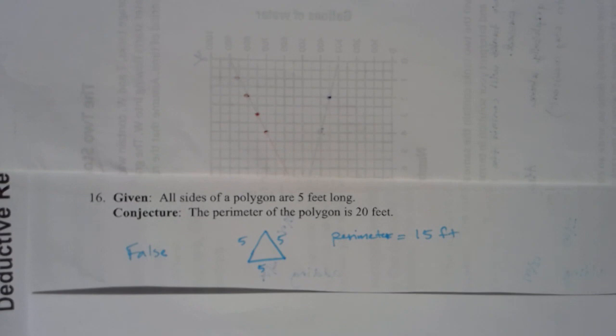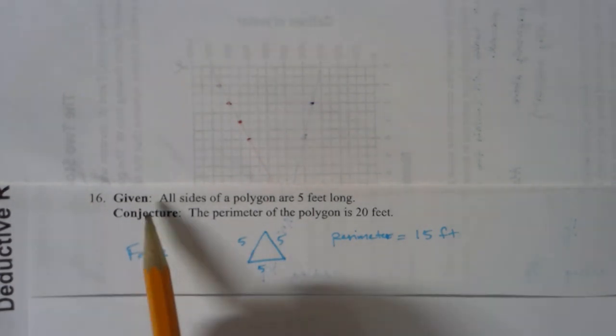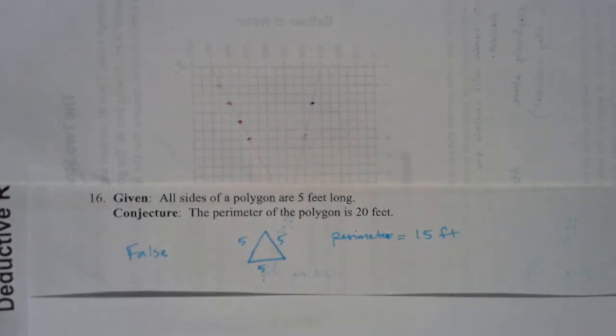All right, for number 16, excuse me, I'm not asked to make a conjecture. I'm asked to determine if the conjecture that I'm given is true. I'm given this statement, which is the rule that I have to follow: all sides of a polygon are 5 feet long.